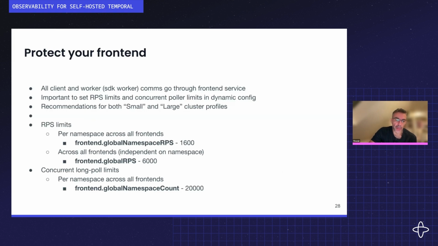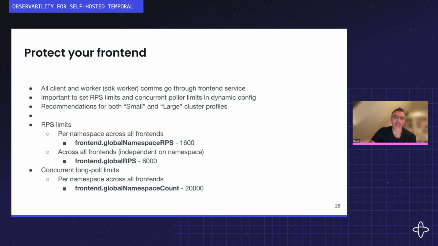The first one is important because we don't want to overwhelm our service with requests. The second one limits the number of long poll connections that all your clients and workers can make against our front-end services. And these are the same recommended numbers independent of the cluster profile that we have listed before.